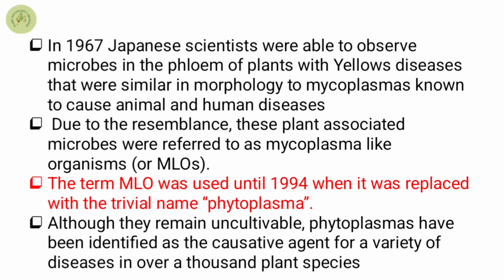That's why at that time they were referred to as mycoplasma like organisms, right? Now these mycoplasma like organisms were later referred to as your phytoplasmas, because they are causing diseases in plants, and this name was proposed in 1994, right?